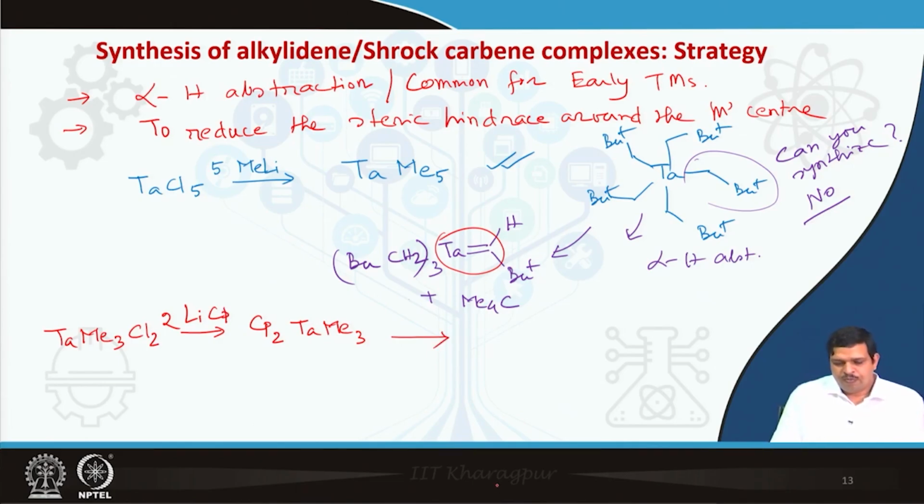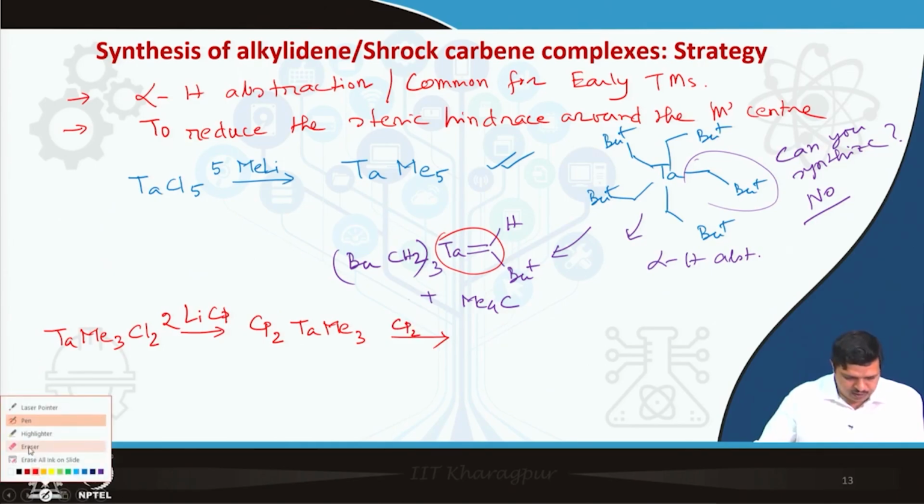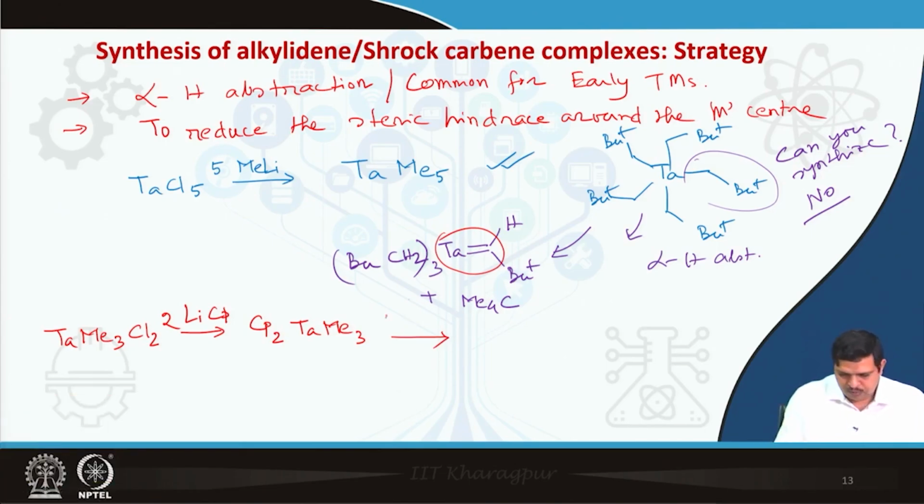Now if you use any alkyl abstractor, like the CPh3 plus, then what will you get? Cp2 Ta-Me, that means you will get this one.